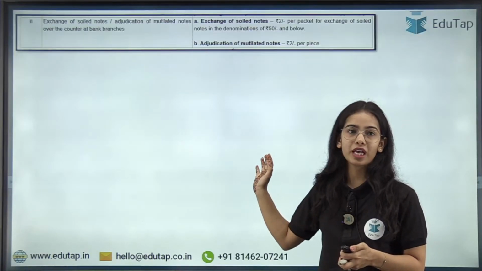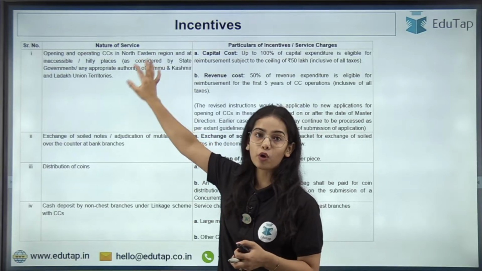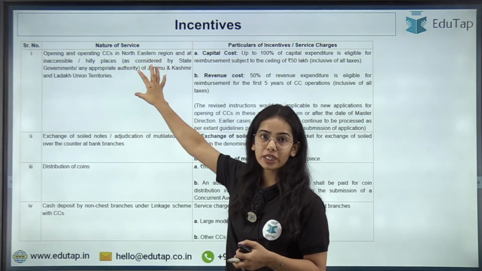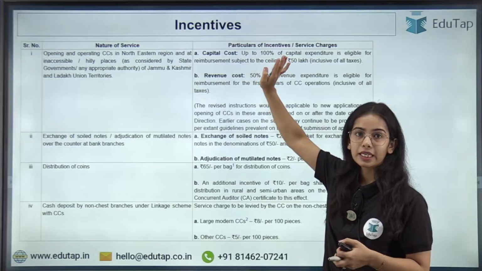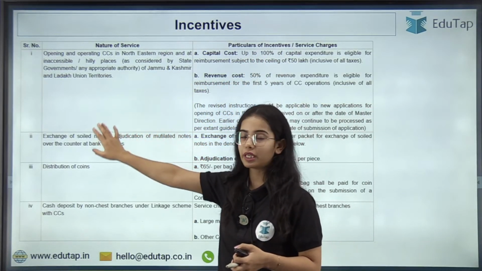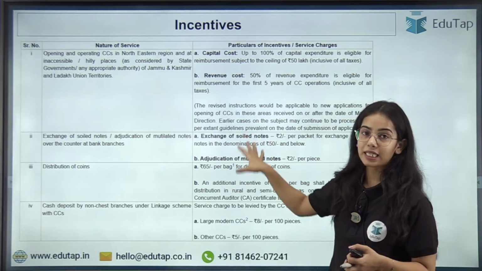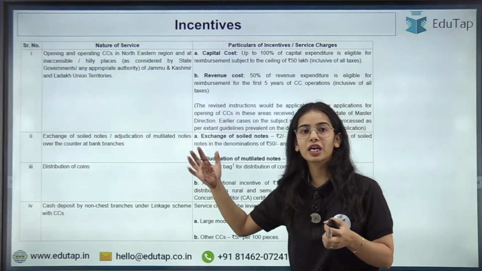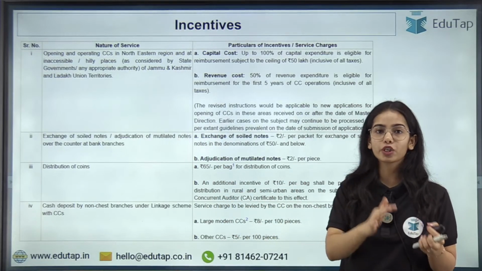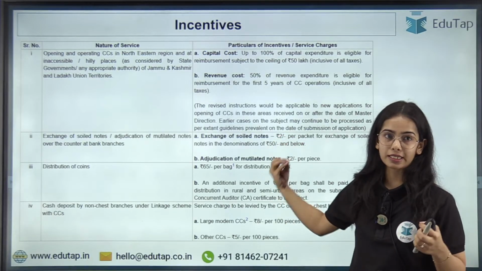And these are the four incentives that we have discussed. Opening and operating a currency chest in a particular area: for that there is an incentive in the capital cost and reimbursement of the revenue cost to a certain extent. Exchange of soiled notes or mutilated notes: if the bank branches transfer soiled or mutilated notes to the RBI offices through the currency chest, they get a certain incentive.